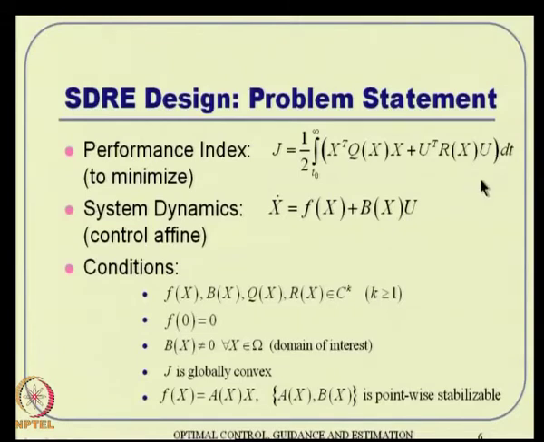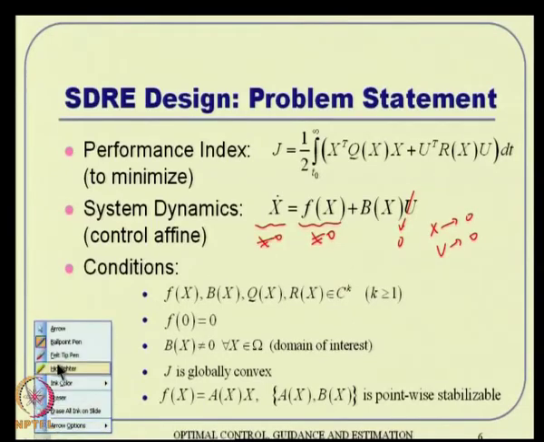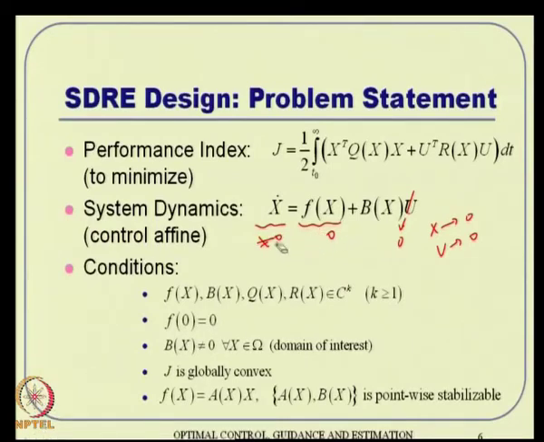In other words, let me explain that a little better. When x goes to 0, your u should go to 0. Then if u goes to 0, and f of x is non-zero, then x dot will also be non-zero. That is the problem. But if f of x also goes to 0, then x dot also goes to 0.